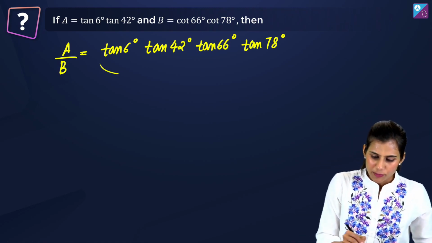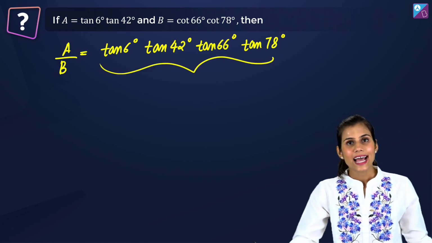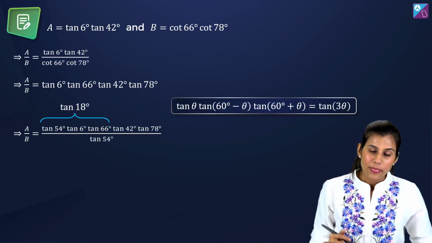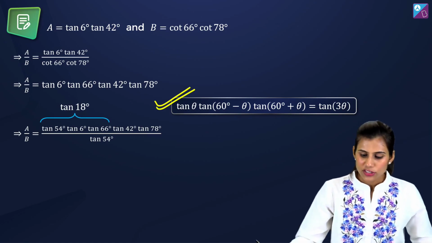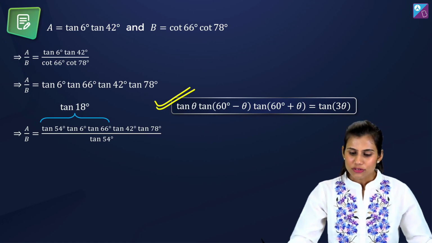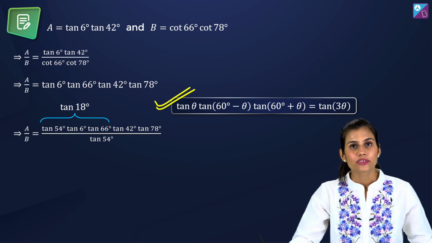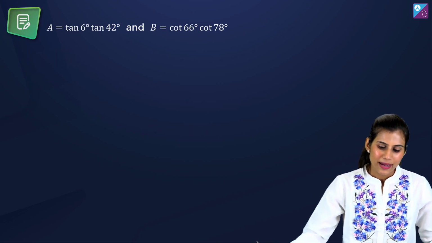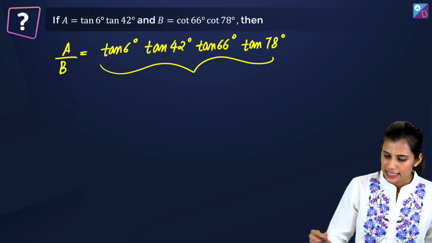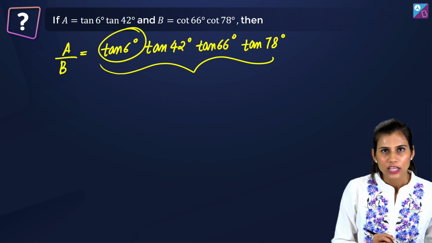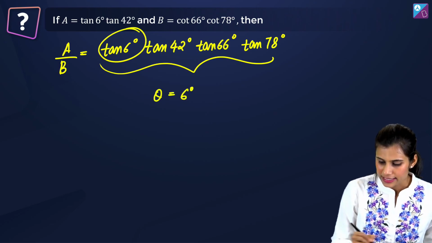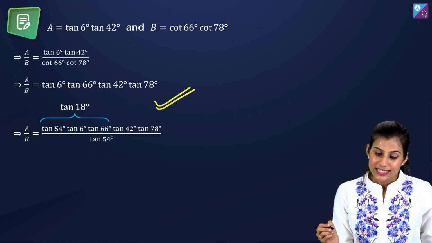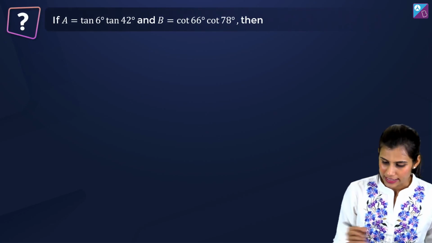Now I can see I have a product of 4 tan terms, and this should immediately bring to mind the result that tan theta into tan of 60 minus theta into tan of 60 plus theta is nothing but tan 3 theta. Here, if I consider my theta to be 6 degrees, the result says that we should have 60 minus theta and 60 plus theta, correct?